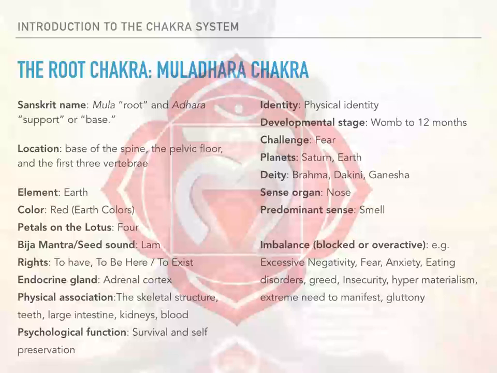Whenever something is challenging our sense of stability, safety, security, our right to be here. So if our Muladhara from birth is strong and stable, we are more likely to weather the storms whenever we are confronted with something that confronts our sense and our right to be here. But if it is already a little bit weak from the beginning, you are likely through your life to struggle a lot more with things like feelings of, I don't have a right to be here, fears and anxieties.